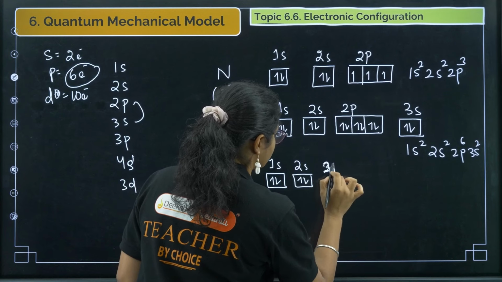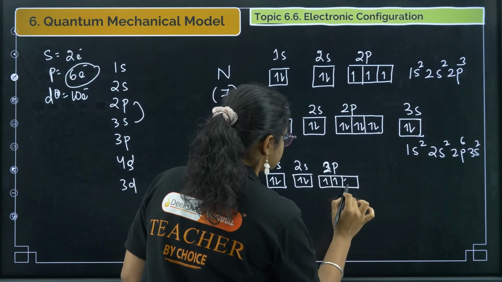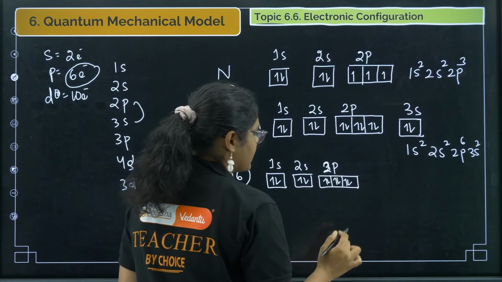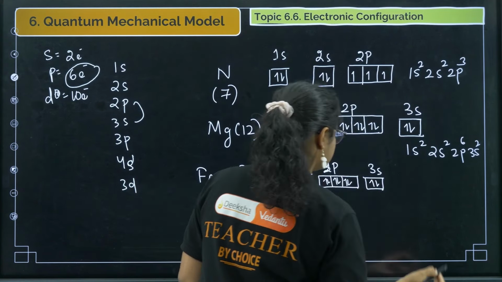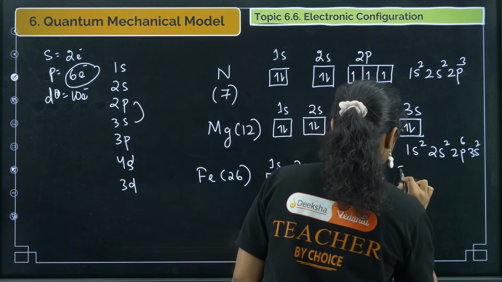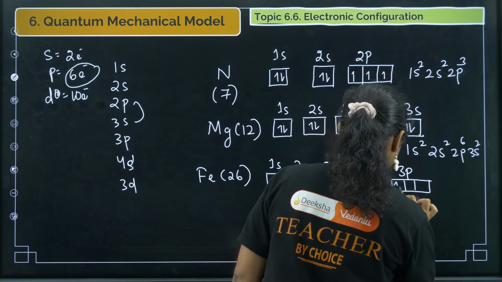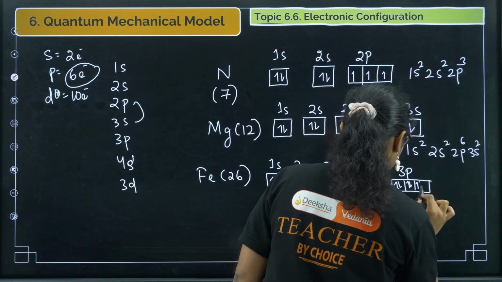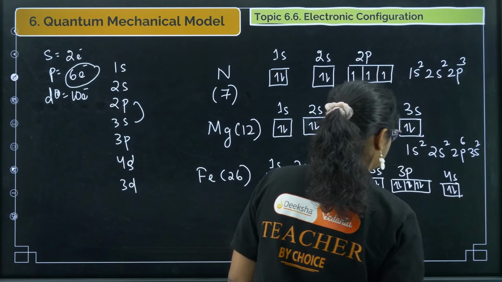Next I have 2p, which will have 6 electrons. Next I have 3s, which will have 2 electrons. Next I have 3p, which again has 6 electrons. Next I have 4s, and 4s has 2 electrons.